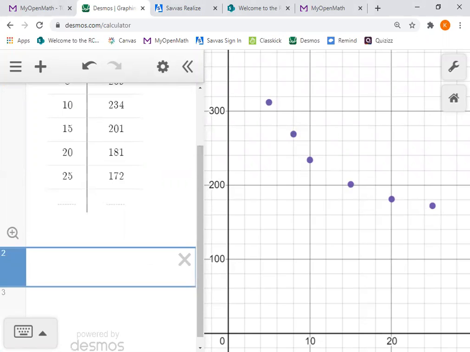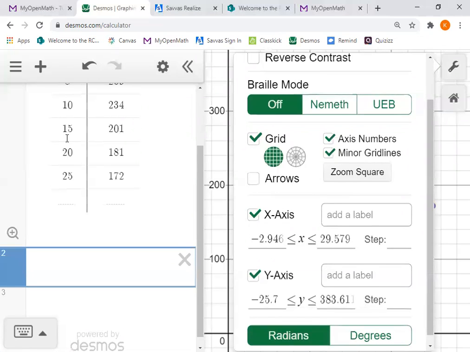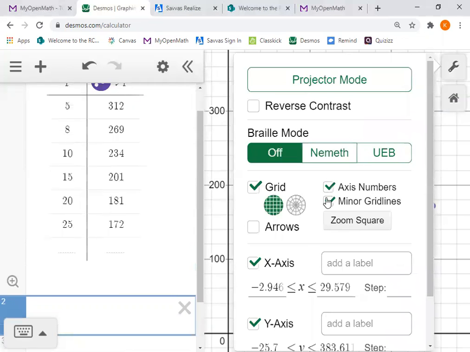Oh, and I already adjusted my window settings here with this little wrench for the settings. If I came down here, my X numbers went from 5 to 25, so I want to make sure the window fits in between that range. I always like to have a little bit of a negative there so I can see just perspective of where the negative X's are.